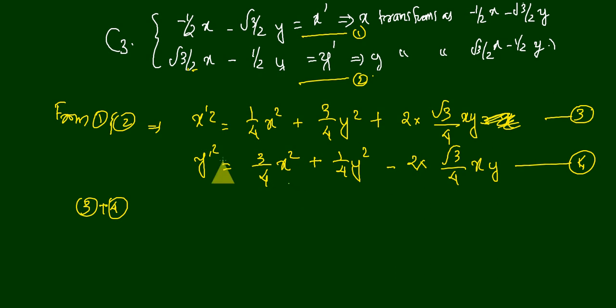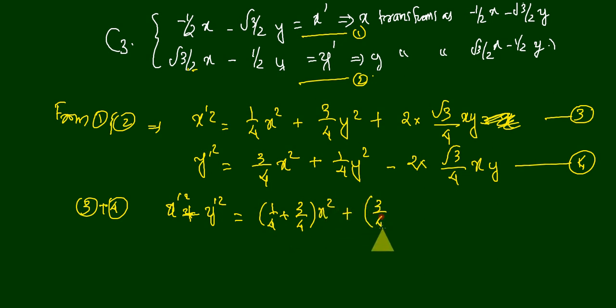Here it is x dash square plus y dash square is equal to 1 by 4 plus 3 by 4 into x square plus 3 by 4 plus 1 by 4 into y square.